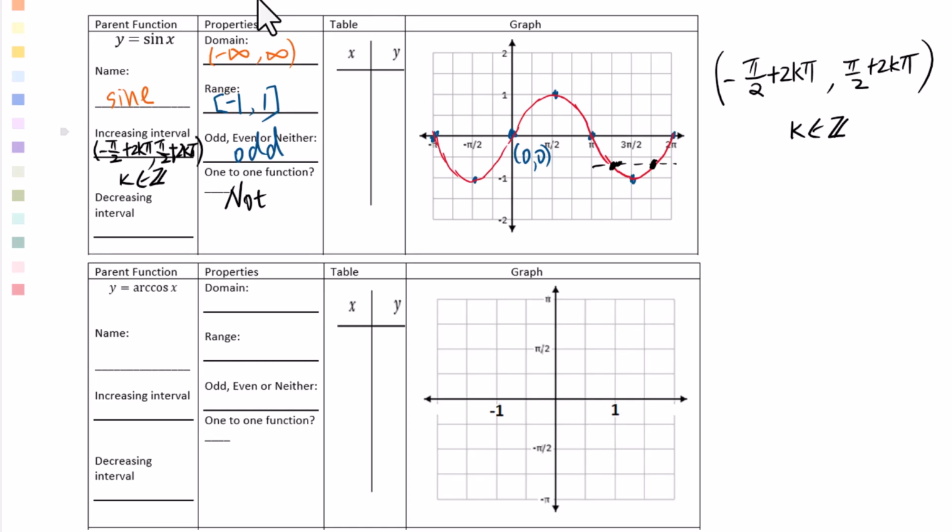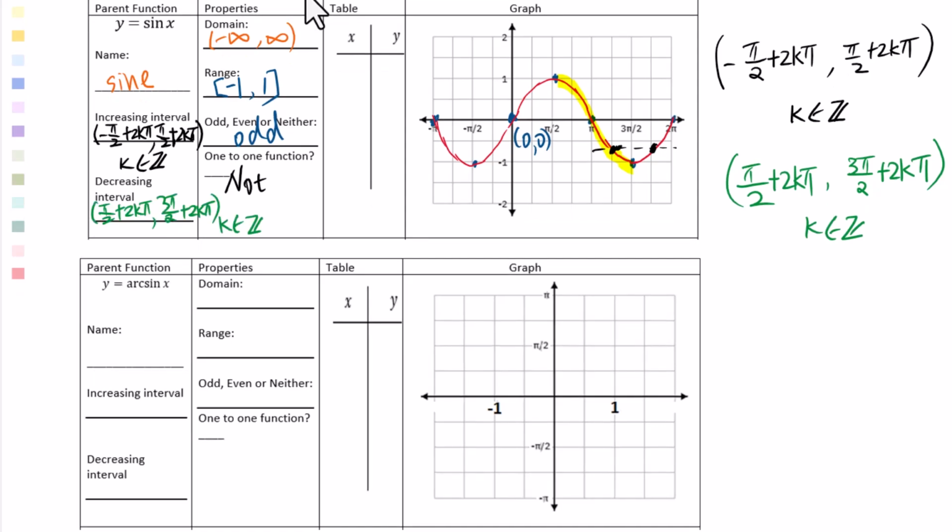Decreasing interval: let's use this part, from pi over 2 to 3 pi over 2, repeating every 2 pi, plus 2k pi, where k is all integers.